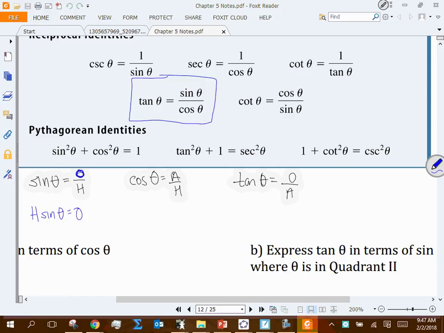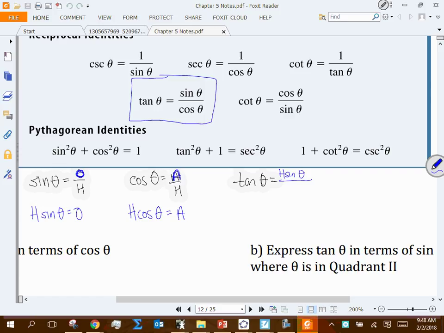I'm going to solve this one for A. So solve that cosine theta for A. I'm going to multiply both sides by H again, right? So H cosine of theta is equal to A. Do we have an O and an A over here? So let's take that O that we just found as being H sine of theta, and put it right there.